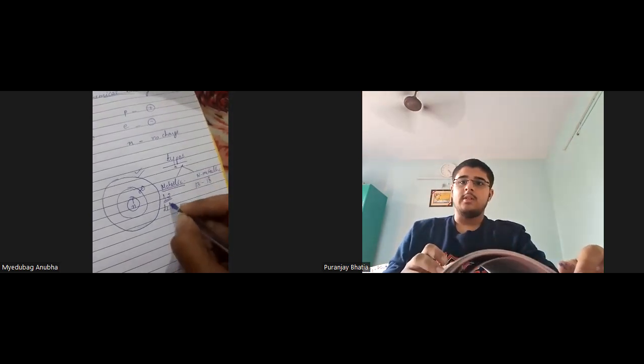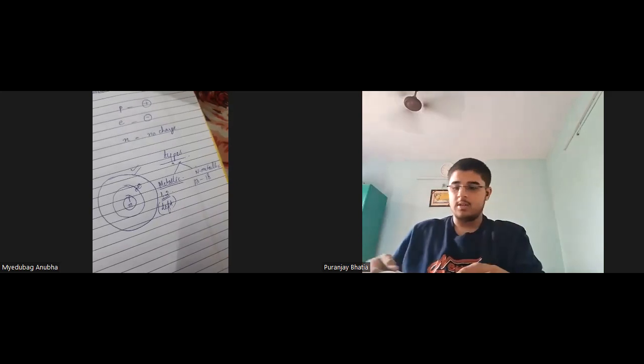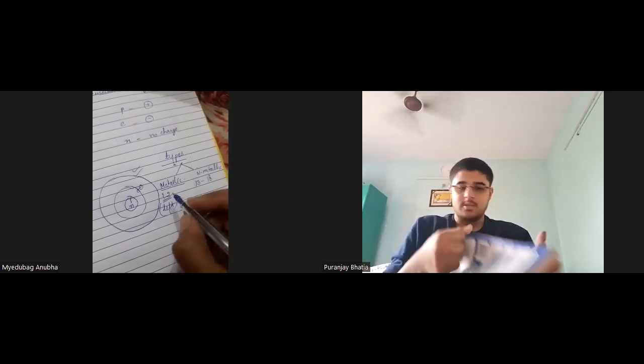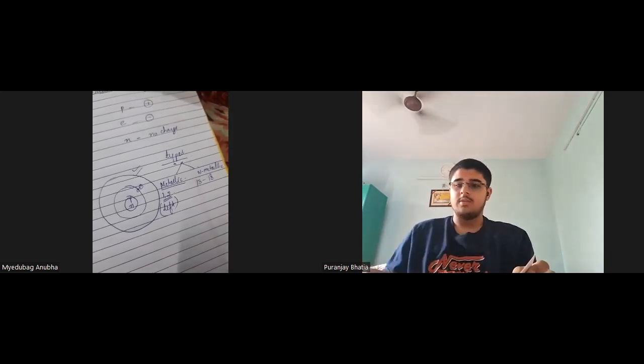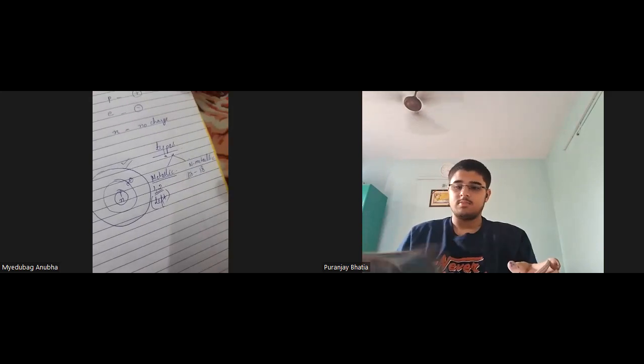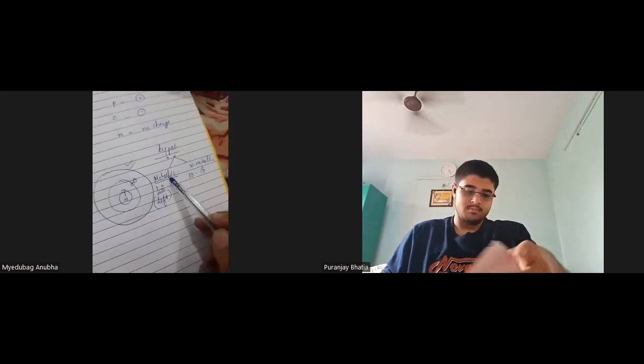Most precisely, the metals are in group 1, 2, and I think group 12 also, because the transition elements are also metals, they are not non-metals. More precisely, if we talk about the position, the metals are arranged on the left hand side and at the center, and the non-metals are arranged towards the right hand side.